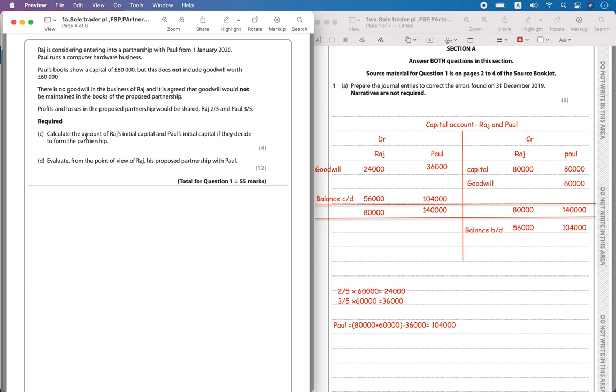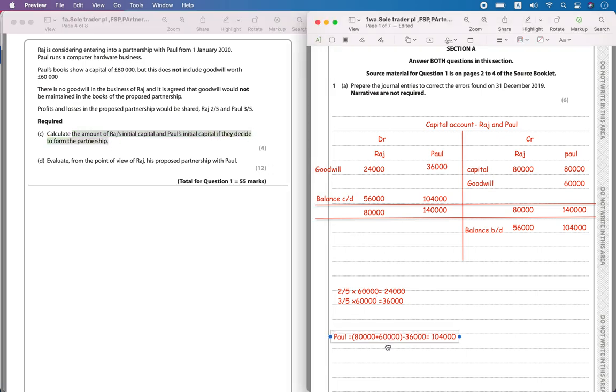So they are asking to calculate the amount of Raj's initial capital and Paul's initial capital if they decide to form a partnership. These are the workings. So let me put it under the workings. This is the adjusted capital.